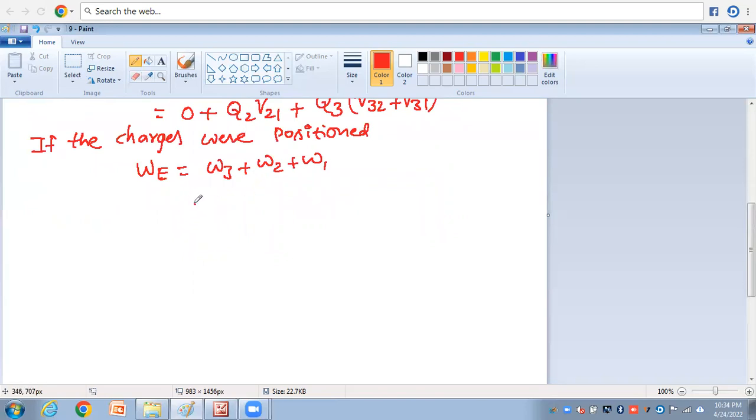Initially there is no work done, 0. The next one is Q2 with respect to V23. The next one is Q1 with respect to V12 plus V13. V23 is the potential at P2 due to Q3.